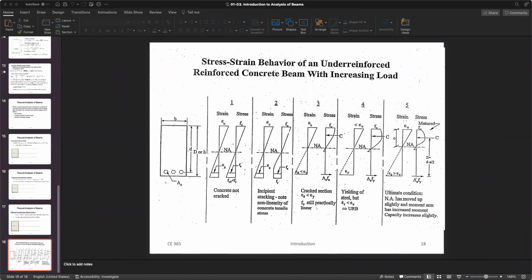All right, for the time we have in this session, let's look at a little bit of information about what is going on as we are increasing the load.